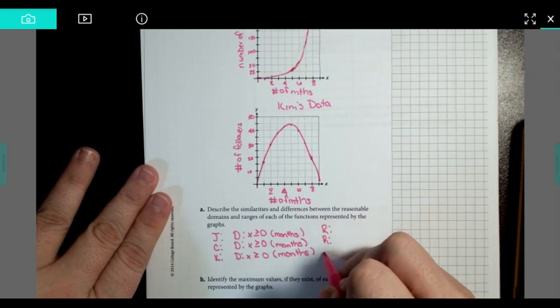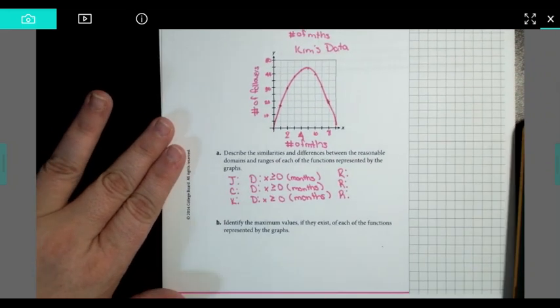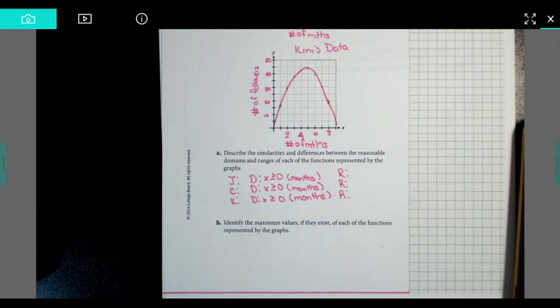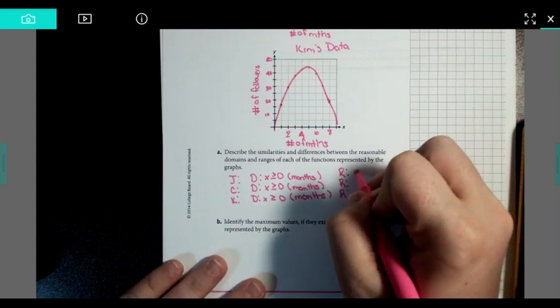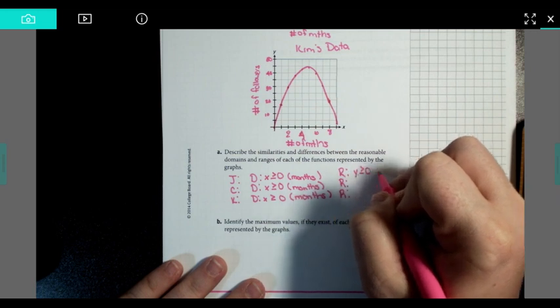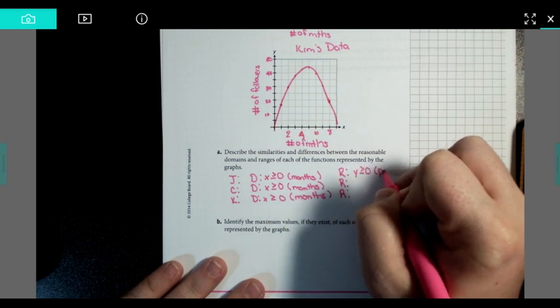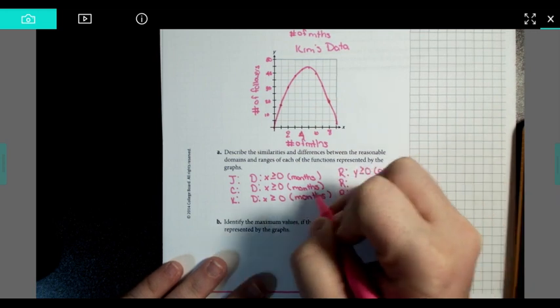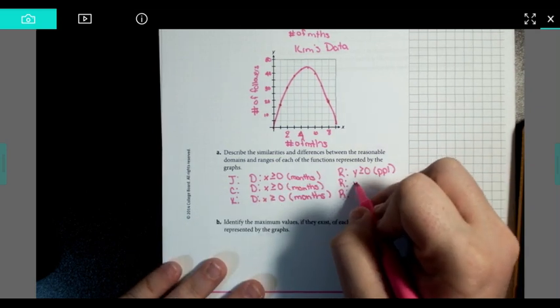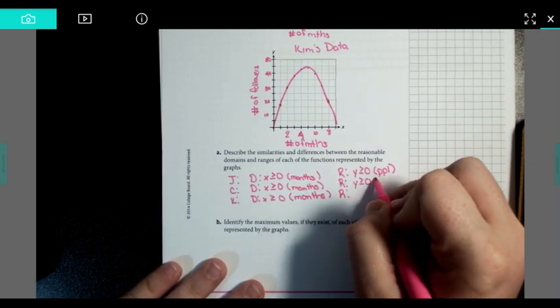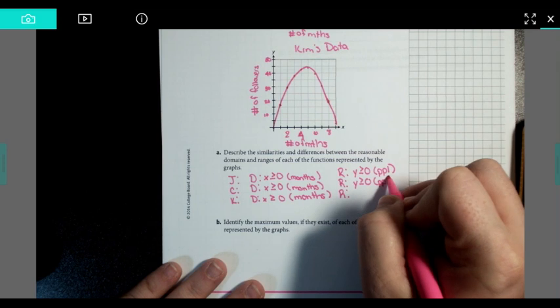Their ranges are not all the same. With Gina's followers, her followers have to be greater than or equal to 0 because we're dealing with people here. Cheyenne's has to be greater than or equal to 0 because, again, we are dealing with people.